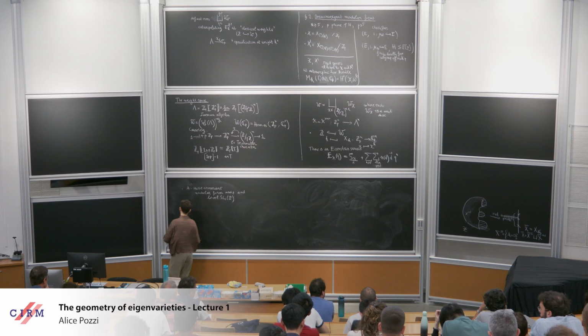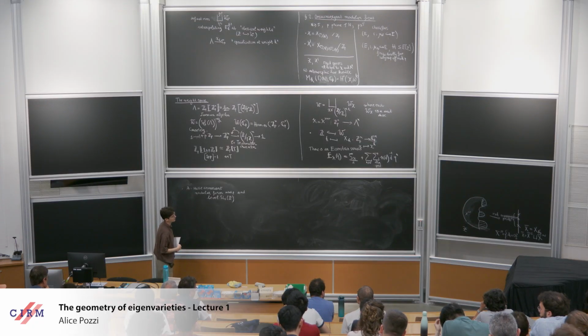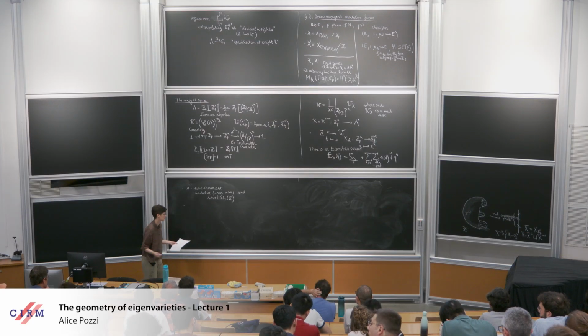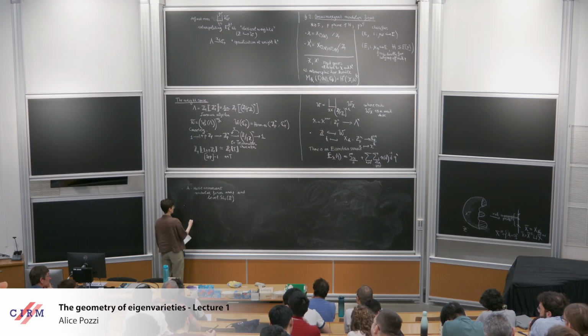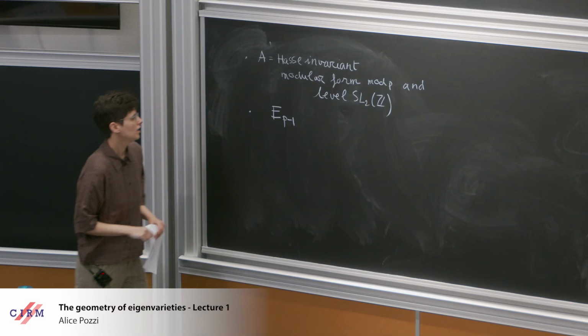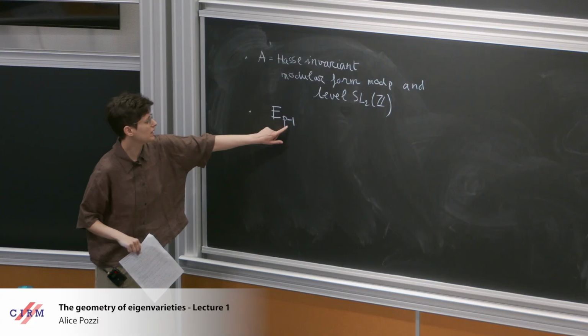Because I can reinterpret now this ordinary locus by using a lift of the Hesse invariant, which turns out to be simple to describe. So I'm going to rescale the modular form E_{p-1}.